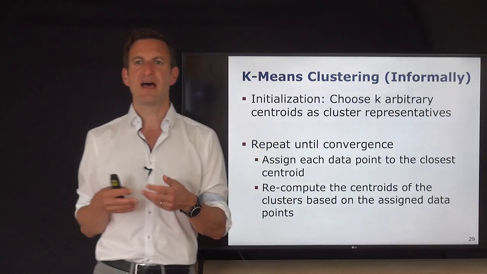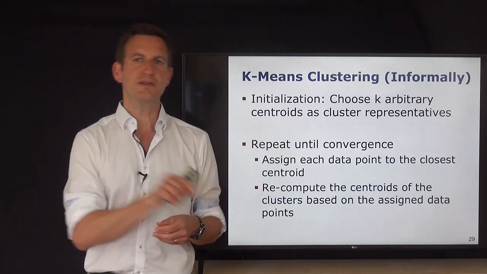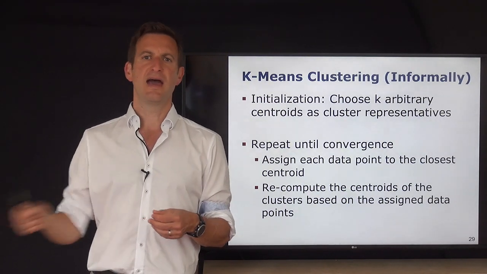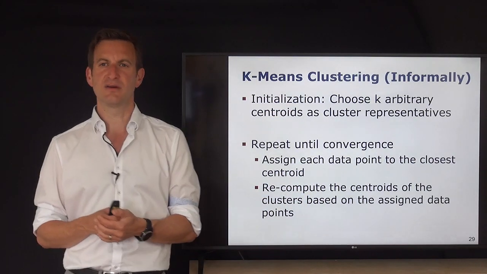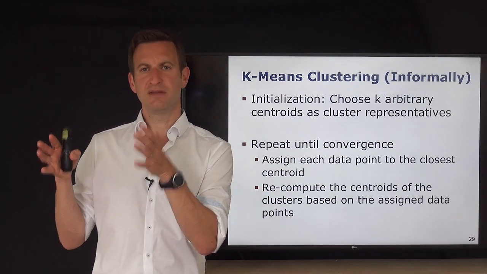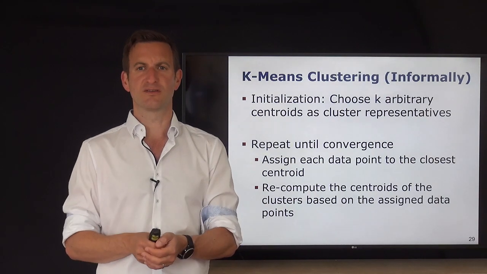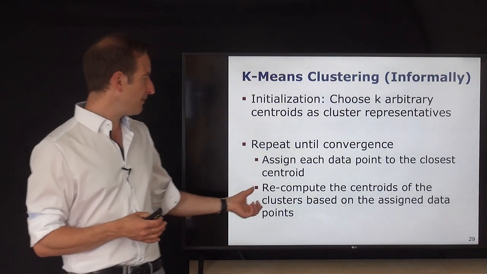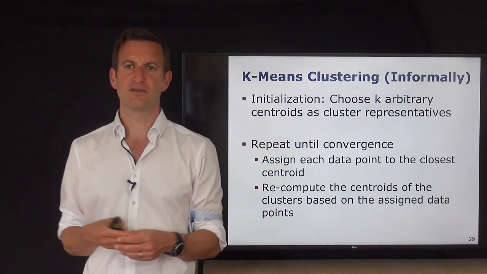2 steps. The first step is to assign each data point to the closest centroid. So we have a loop iterating over all our data points and assign them to the closest centroid, starting with our initialization of the centroids. And this gives me the data association of data points or feature vectors to centroids or visual words. And then in the second step, I recompute my centroids based on this new data association.